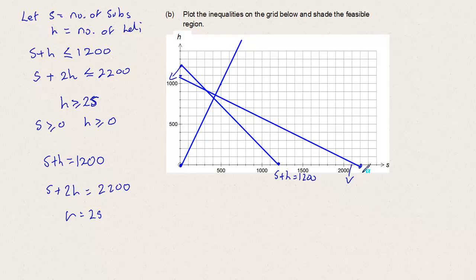So we didn't label this one. This one was S plus 2H equals 2,200. This one is H equals 2S. And if H is going to be bigger than 2S, that needs to be in this direction. So we need to be this side of this line and below these two, which means that the feasible region is this one in here.